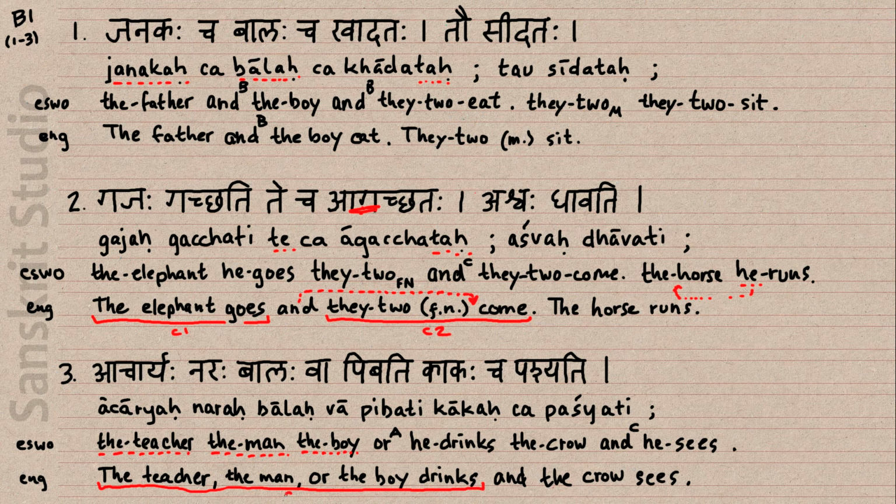This is clause 1, and then this is clause 2. And each of these could have been a sentence on their own, so that's why we call them clauses.